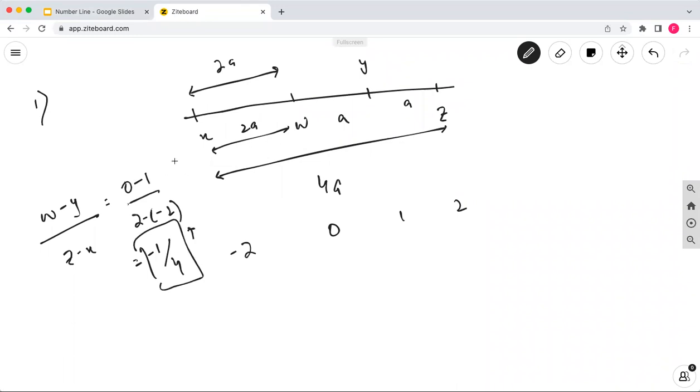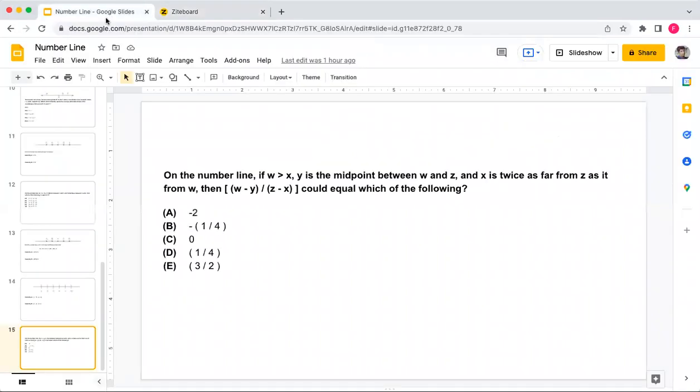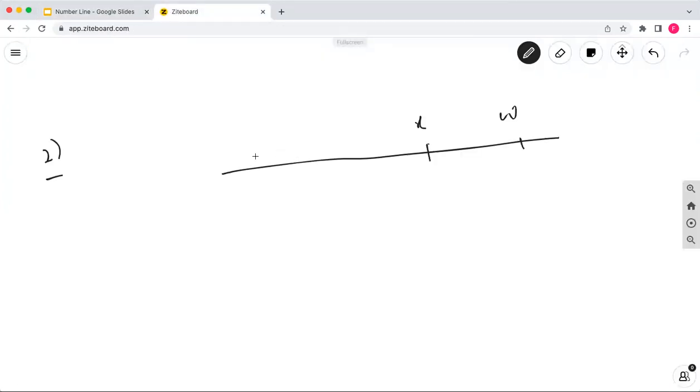Shall I move to the other scenario? Okay, so this was the first scenario. The other scenario is, first of all, W is greater than X, right? If this is W, this is X. And the next thing is X is twice as far from Z as it is from W, right?